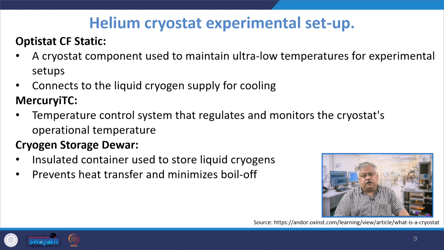It also prevents heat transfer and therefore minimizes boil off, which means that if you would actually keep this in the open, there will be boiling off. The liquid will boil off into a gas state directly from liquid, and you will be losing these very costly cryogens to the atmosphere. And this storage device, which is a very high pressure storage device, stores this material in the liquid state and tries to work it out, right.